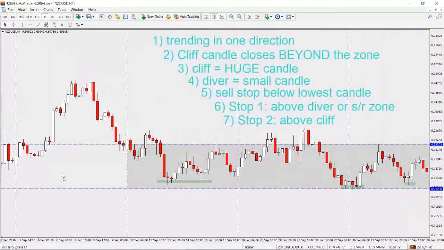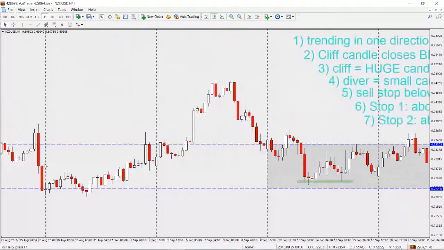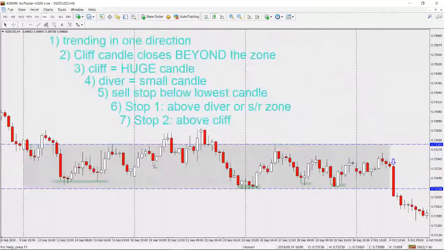Actually, probably since this candle. So that's a long time. The diver is a very small candle. It should not be as big as the cliff. If it is, then you're probably talking about a blow off top or a blow off bottom. That's a huge red flag, right? And we talked about blow off tops and blow off bottoms. I showed you those on the Swissy daily chart.